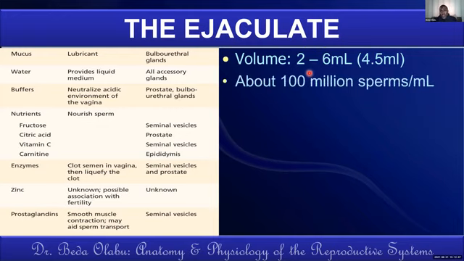In terms of the amount of sperms within the ejaculate, usually 1 ml would have about 100 million sperms. And so the normal sperm count in an ejaculate will be about 300 to 500 million sperms.